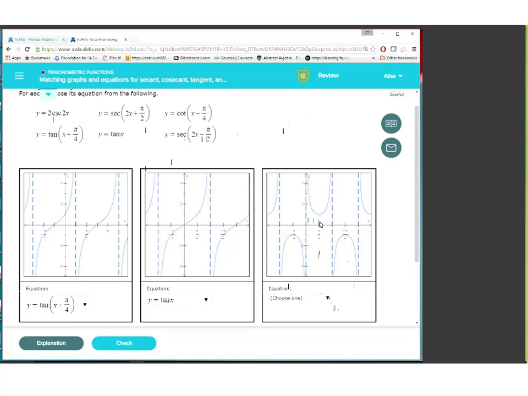Everybody's good? Okay, so that means that normally this graph should start at 0, 1. But notice the minimum is not at 0, 1, it's at pi over 4, 1, which means what? It shifted to the right.